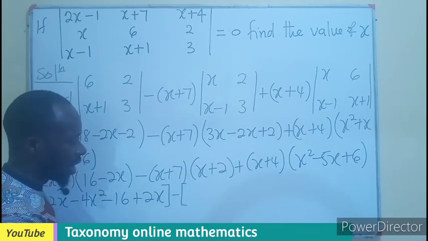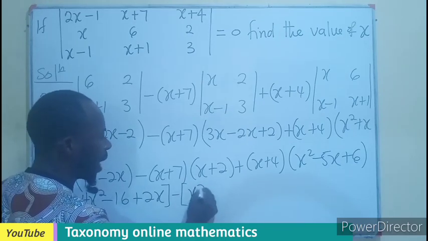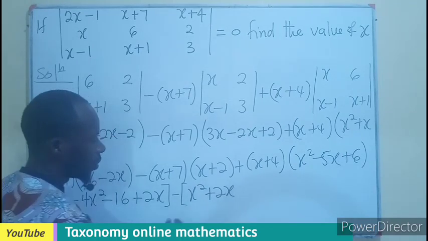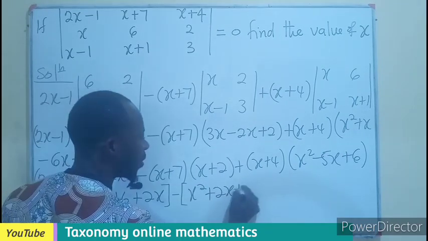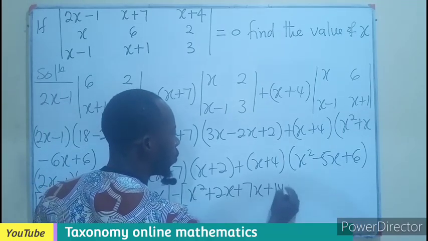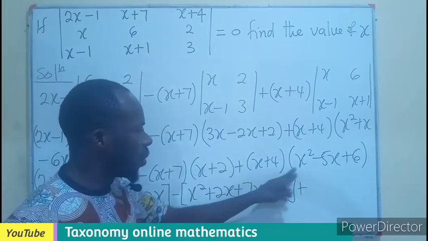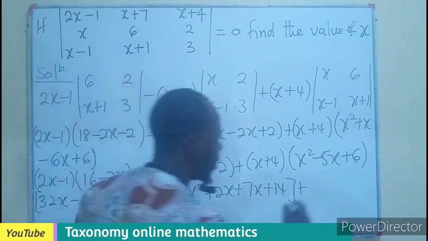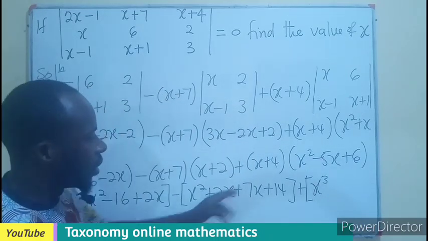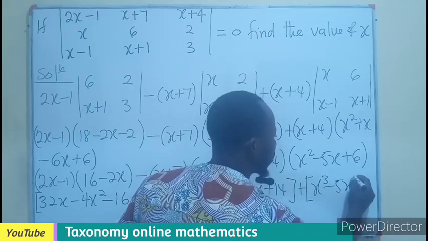So let me have a bracket so that x times x will give us x squared. x times 2 will be 2x. 7 times x, 7x. 7 times 2 will be 14. So we close that bracket. So here x will multiply x squared. That will be x to the power 3, or x cubed. x times negative 5x will be minus 5x squared.